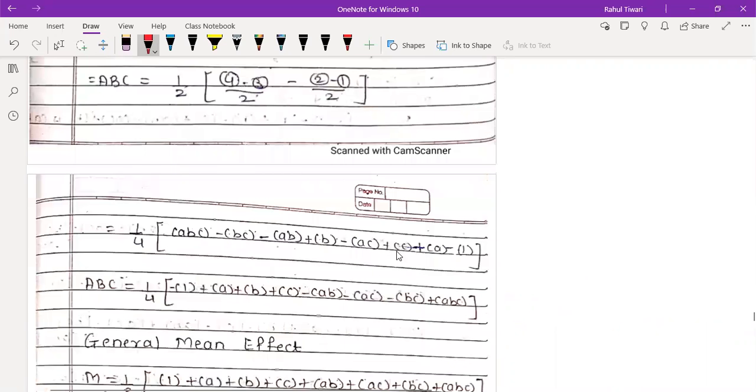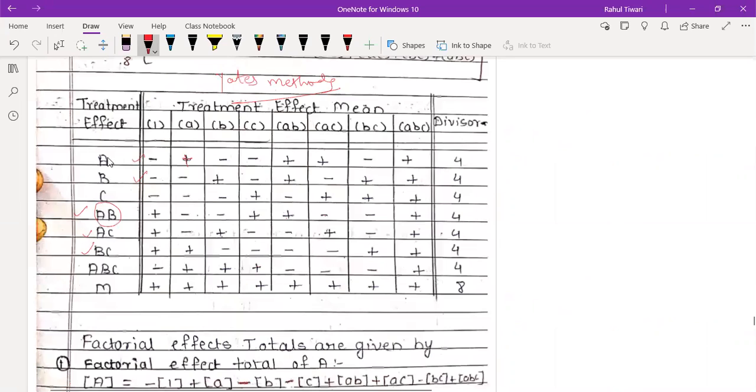Similarly, one can get AC also. For AC, what do you have to do? Multiply the first row with the third row, and whatever combinations you get, use those combinations. Similarly, for BC multiply the second row and third row, and whatever plus minus signs you get, according to that you can get that row. Similarly, for ABC multiply these three.